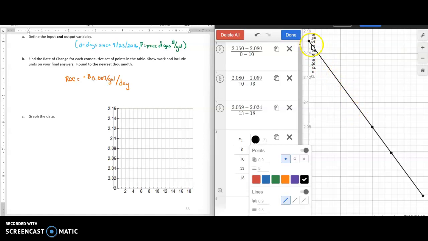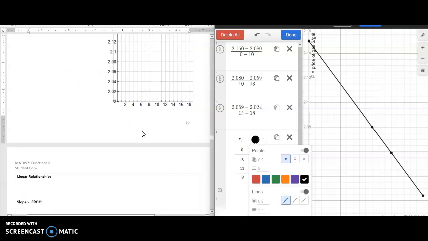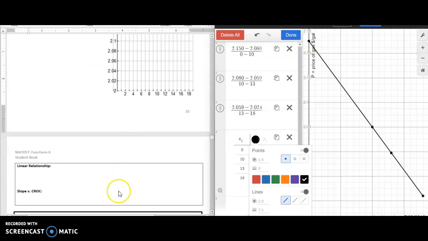The line in between each one of these points is considered consistent, and so there's no up and down or jaggedness to our line. So when we graph this, we do know that when we connect these points, we are forming a line that is not in any way changing the rate of change, and that's because the rate of change is staying constant.